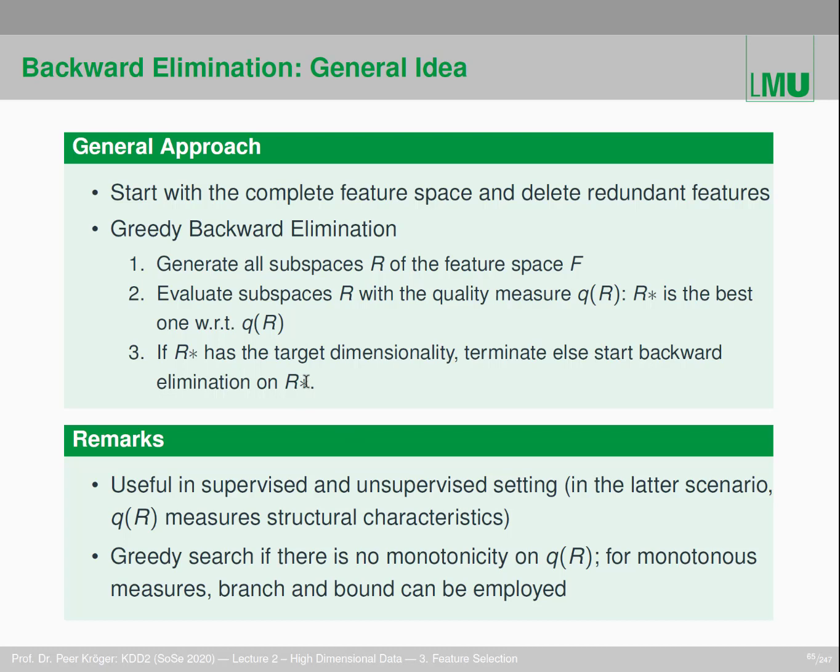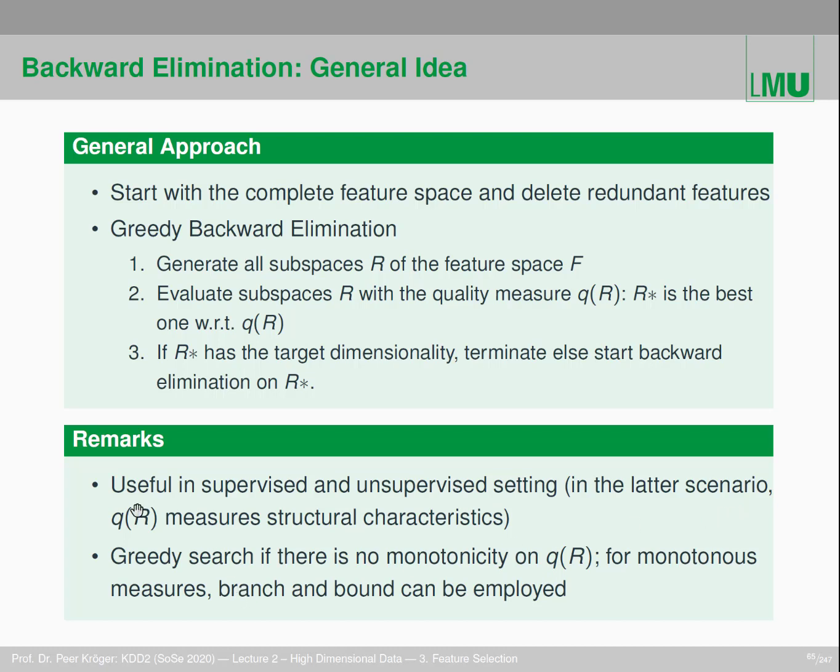So r star now is d-dimensional, and then you again generate all d-1 dimensional subspaces, again evaluate, and you do that with the best one always in step 2, as long as you have not reached your target dimensionality. Quite simple, actually.